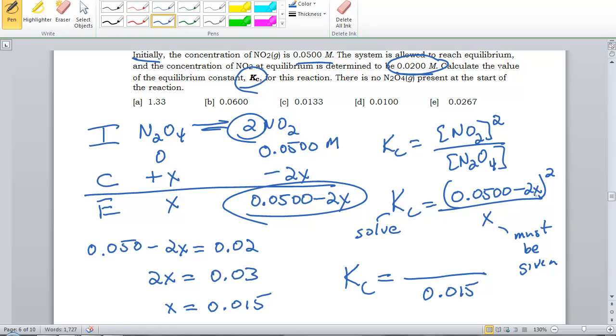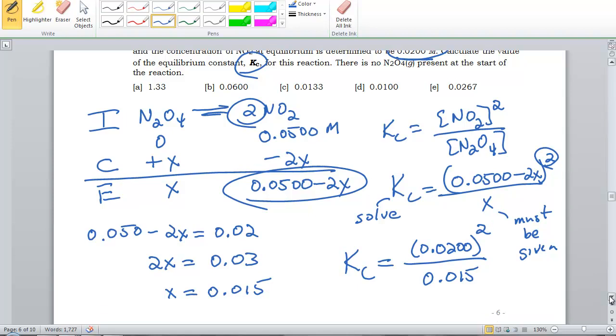We could plug our x back in up here, 0.015 for our x, but we were given the equilibrium concentration of NO2, so we might as well just plug that in, because when I take 0.05 minus 2x, I'm going to get 0.02. Now it is still squared, and so our Kc value in this case is 0.0267, which is choice E.